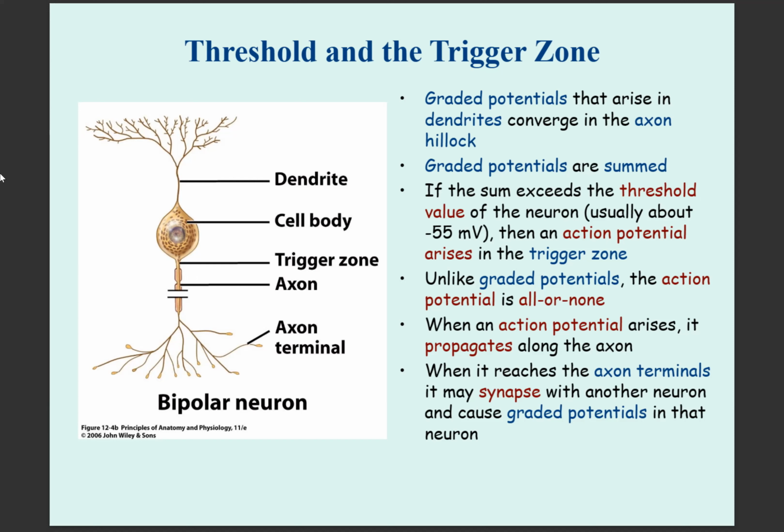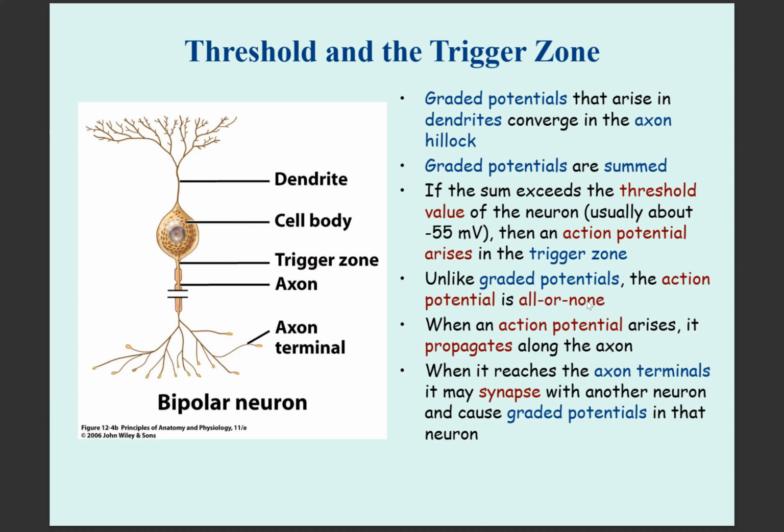So that's what we are saying here, that if the sum exceeds the threshold value of the neuron, usually about -55 millivolts, then an action potential arises in the trigger zone. Unlike graded potential, the action potential is all or none.